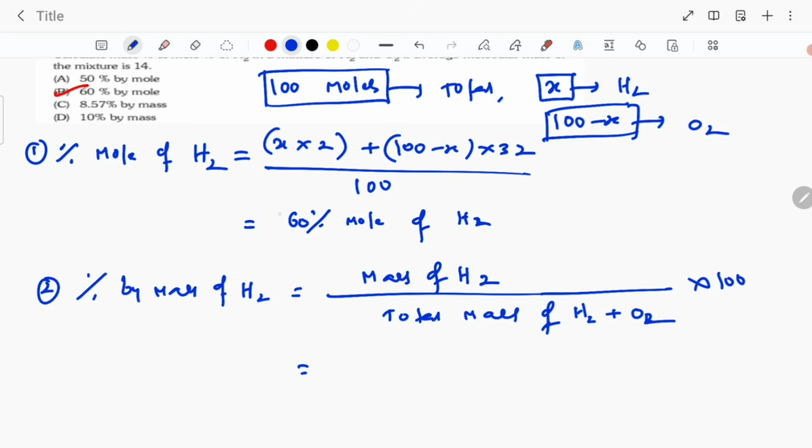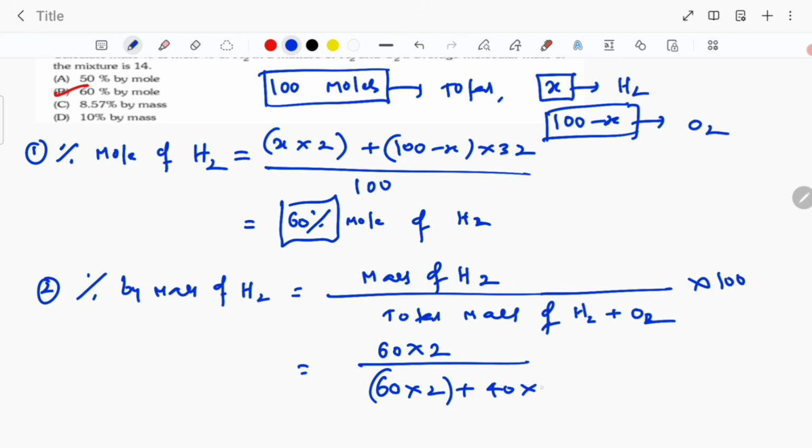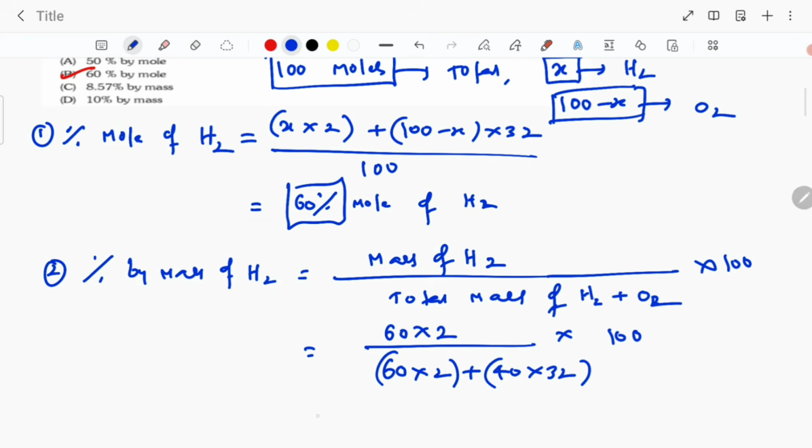Out of 100 moles, 60 moles hydrogen, so I'm taking 60 into 2, by total mass of H2 plus remaining 40 moles of oxygen into 32, into 100. Because how do we calculate mass? Mass is equal to moles into molar mass. So if you do the calculation here, you will get 8.757 by mass. So C is also correct for the given question.